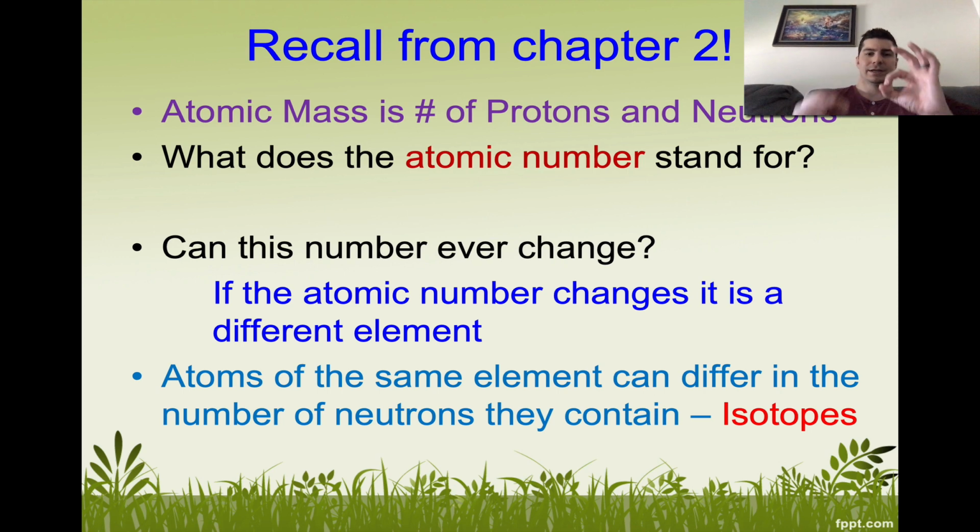If this is our nucleus, they circle all around. But the atomic number is never going to change, so our number of protons never changes. But our number of neutrons can change, and when that number changes, we have things called isotopes. That's what we're going to talk about. I know we talked about it in chapter 2, but with everything going on, you need a little refresher.